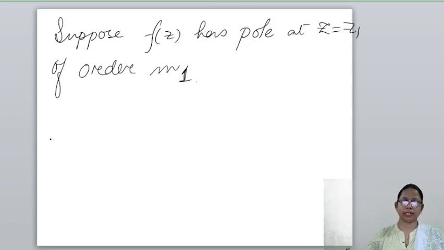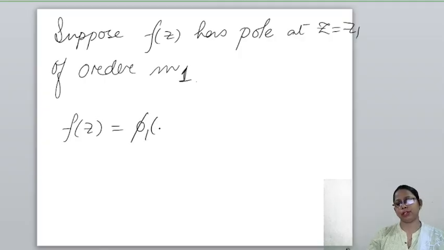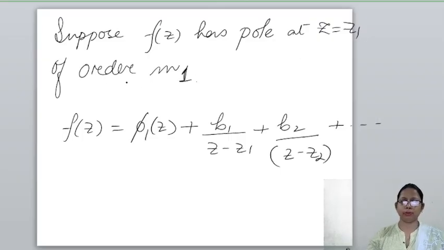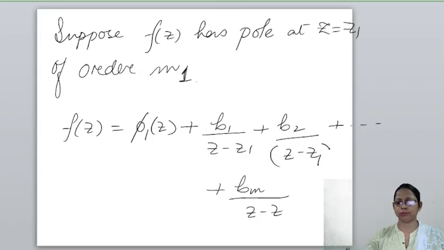Then, by the Laurent series expansion of the function f(z) about the point z equal to z1, we can write f(z) equal to phi 1(z) plus b1 by (z minus z1) plus b2 by (z minus z1) squared, and so on. By definition of pole, z equal to z1 is a pole of order m1 if the principal part in the Laurent series expansion about the point z equal to z1 contains m terms.